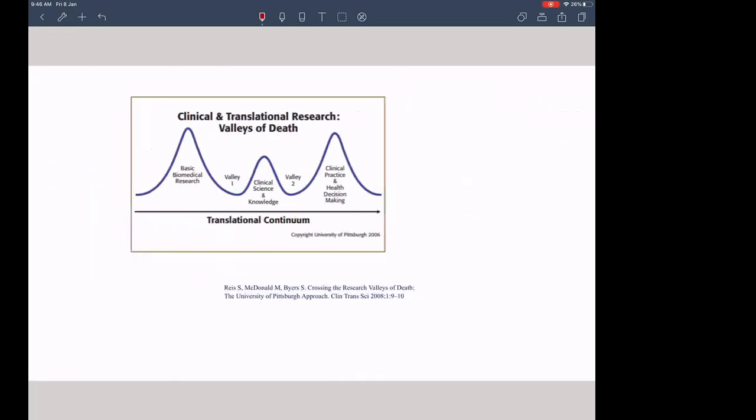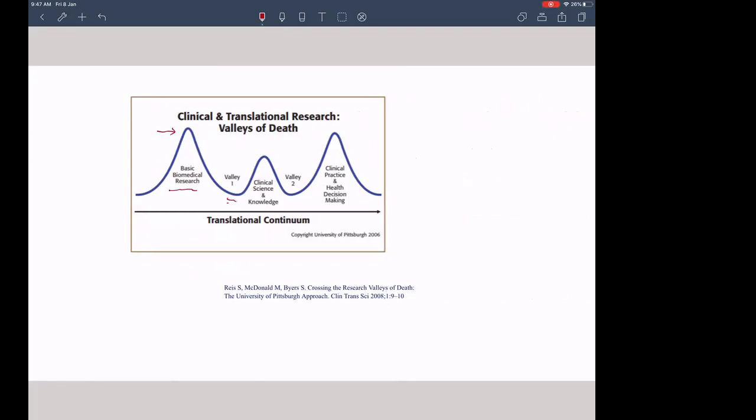Right. So what happens in clinical and translational research is there are what they have called valleys of death. Once basic biomedical research identifies something unique, people get very excited, very promising. And then it goes down as some tests are being done, and they call it the valley of death at some places.